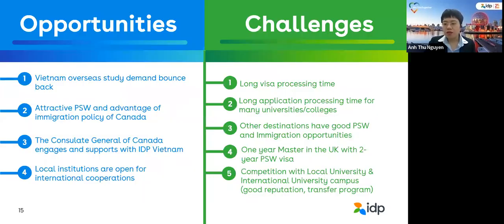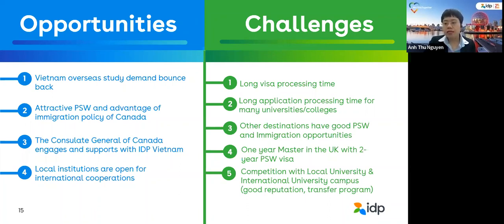The Vietnam overseas study demand bounced back very fast after COVID, while Canada is attractive with postgraduate work and immigration policy. The Consulate General of Canada engages and supports IDP Vietnam a lot, and I will share with you about this in the next slides. And locations and institutions are open for international cooperation.